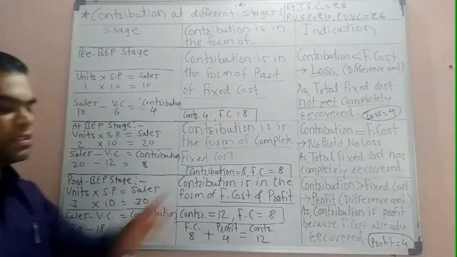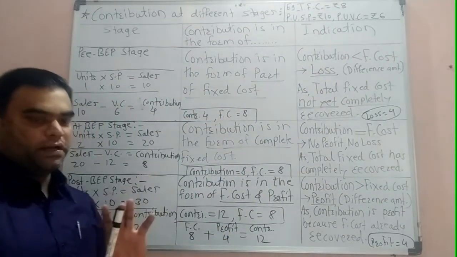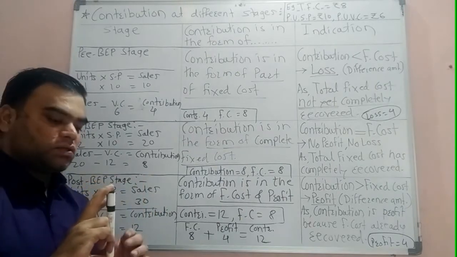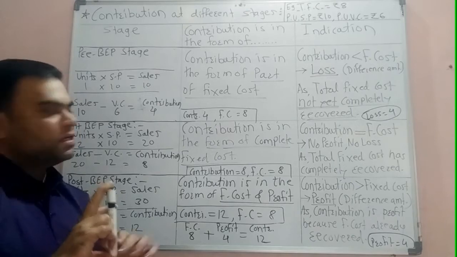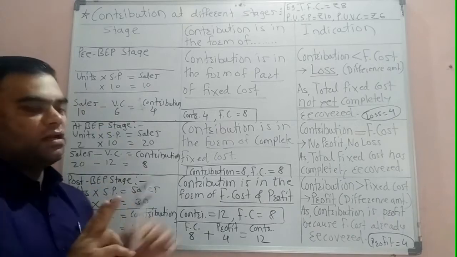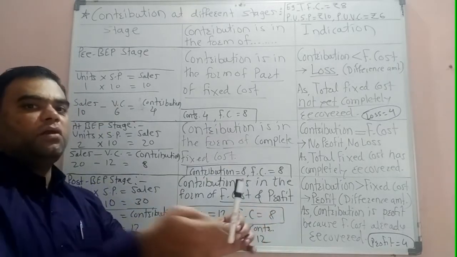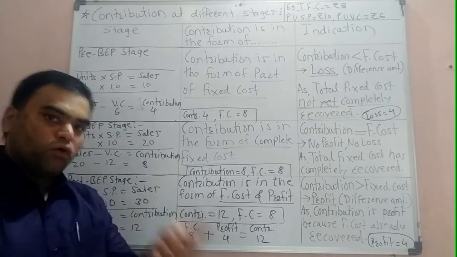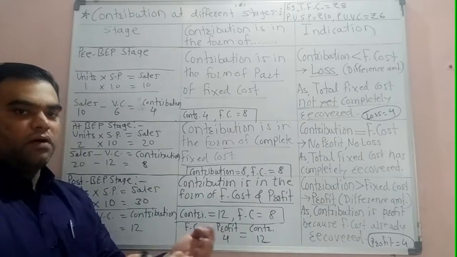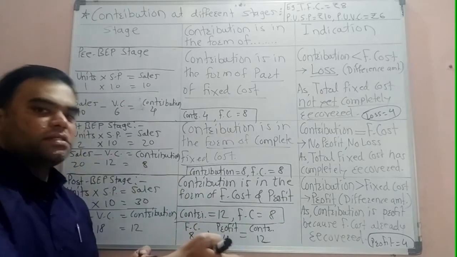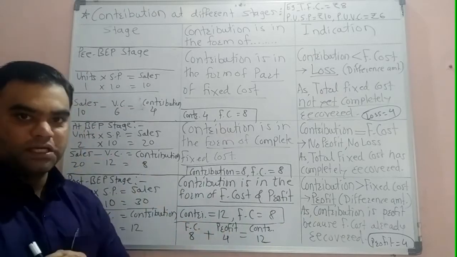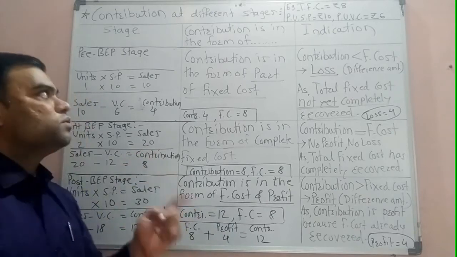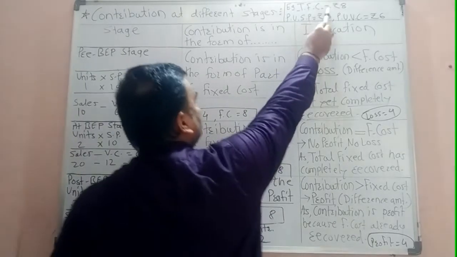Suppose this is our output, this is our unit, we have sold it for rupees 10 and per unit variable cost of the pen is, suppose, 6. So when we sell the unit, the variable cost rupees 6 we immediately recover, and the remaining 4 rupees will be utilized to recover our total fixed cost.